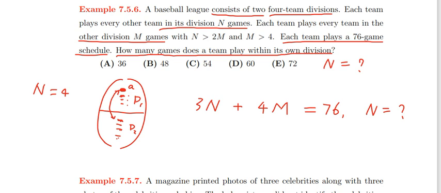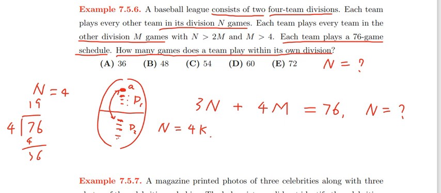Let's say this is a multiple of 4, and 76 is also a multiple of 4. So n should be 4k, a multiple of 4, because the other term is a multiple of 4, right?